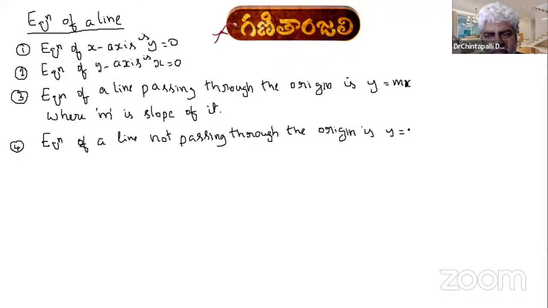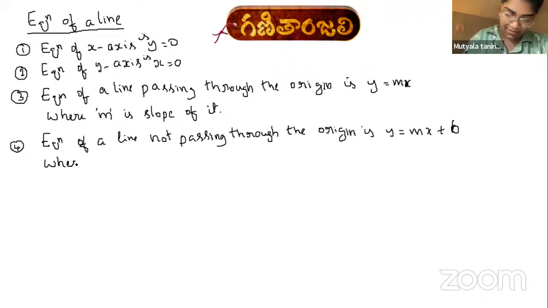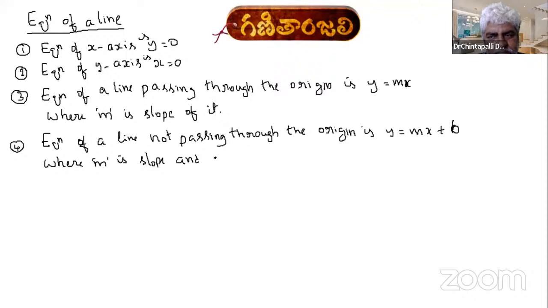Y is equal to mx plus b. Generally c is used, but of course b. Here m is the slope and b is the y-intercept.